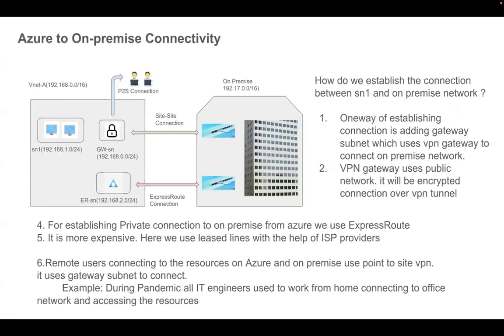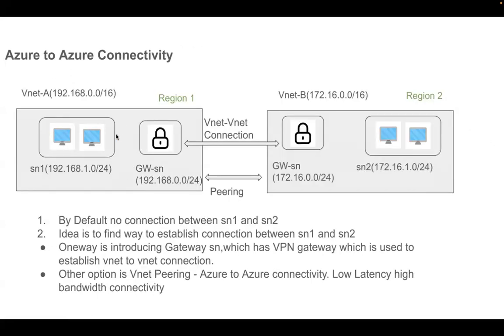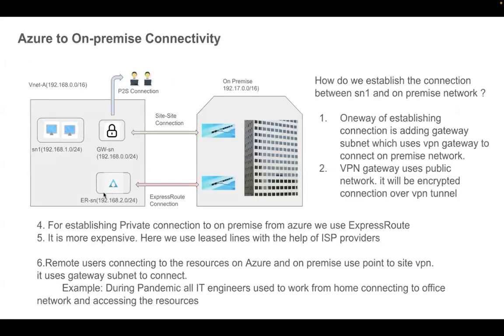Next is Azure to on-premise connectivity. In this scenario, in the diagram you see VNet A in one of the regions. In VNet A, this is the IP address range, and we have subnet 1 here and a gateway subnet, the same as we have here. But here you see one more subnet, that is the express route subnet.